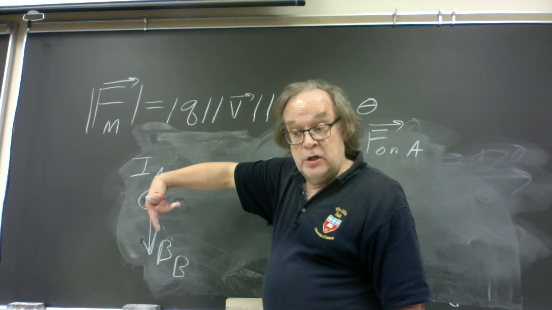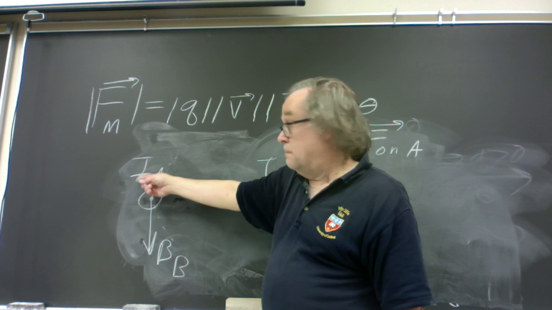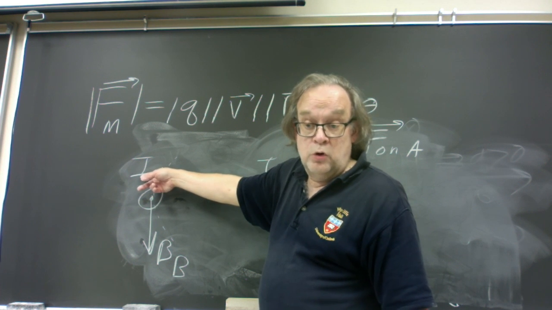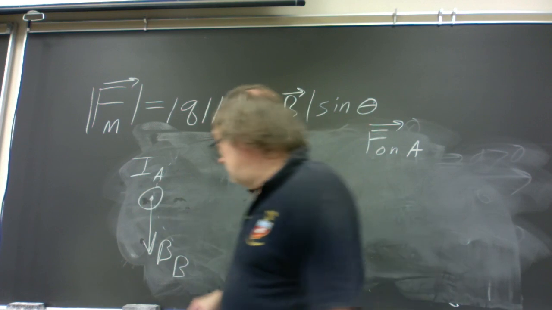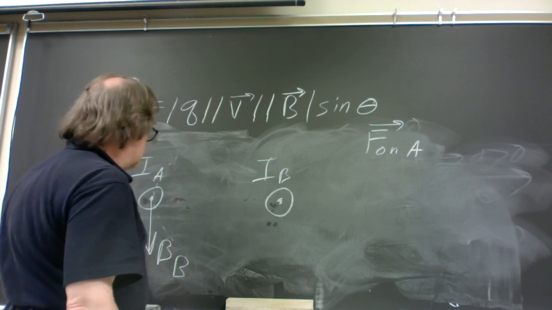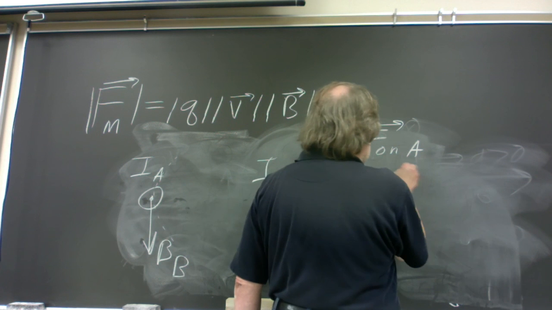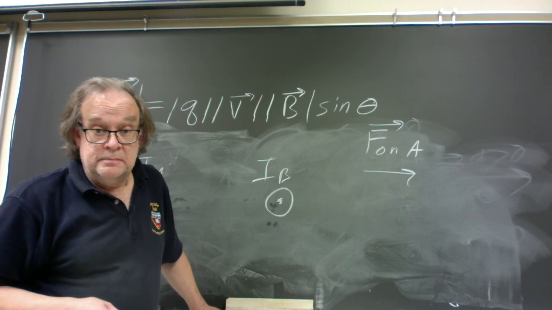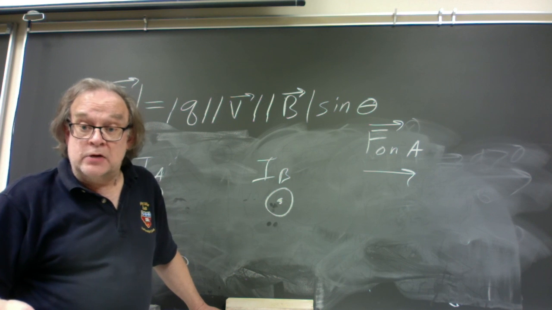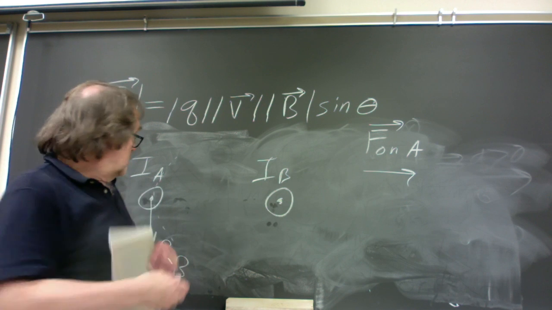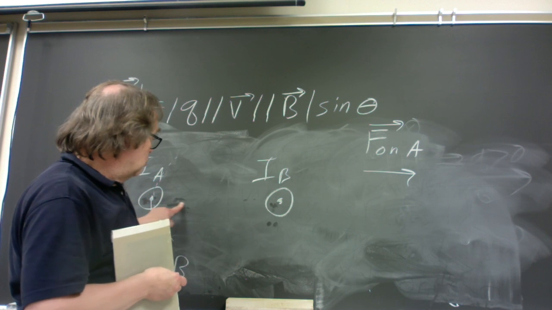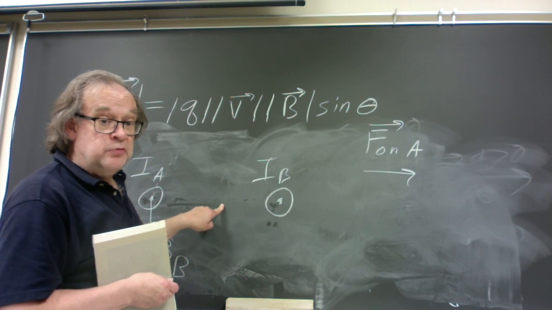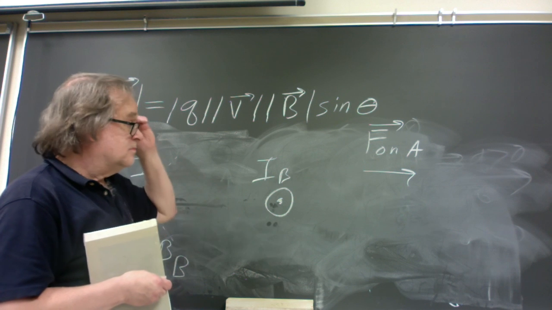That's the direction of the force on a positive charge, and we're imagining that this is conventional current, so we're imagining that this is positive charge. So the force that it feels is to the right. In other words, it's an attracting force. This one is being pulled towards B by the field that B created.